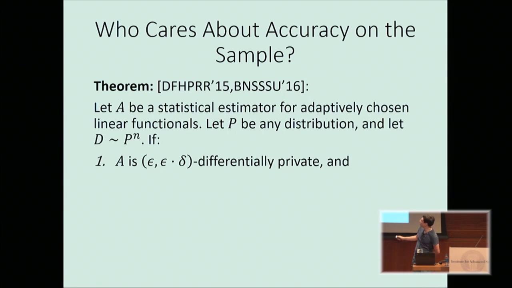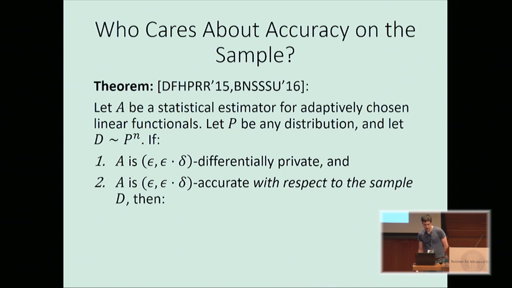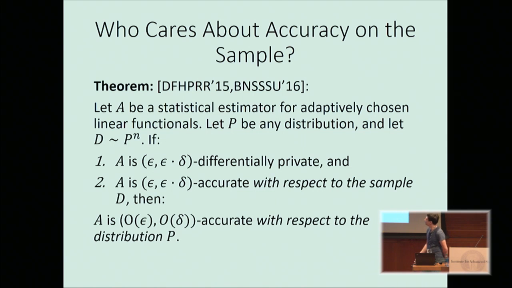Then if we can say both that the algorithm is differentially private with these parameters, and accurate with respect to the sample with these same parameters, then up to a constant factor loss, it is also accurate with respect to the distribution.